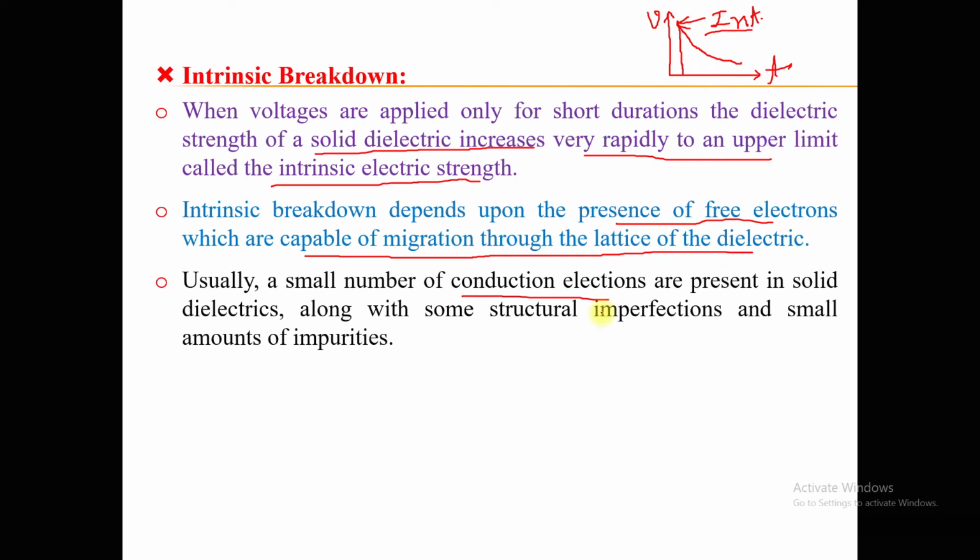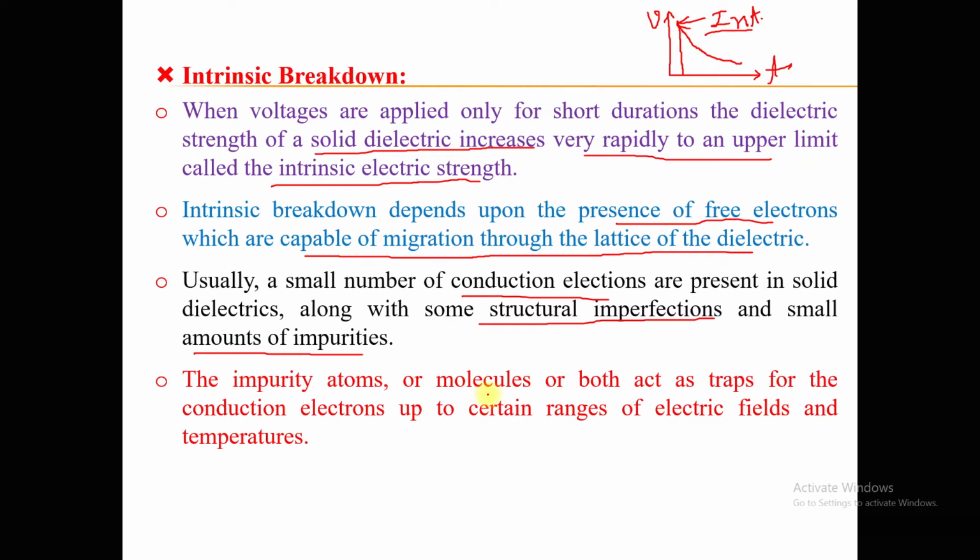When the voltage is applied, they will jump from their valence band to the conduction band. Usually a small number of conduction electrons are present, because of some structural imperfections and small amounts of impurities. So the impurity atoms or the molecules or both act as a trap for the conduction electrons up to a certain range of electric field and temperature.